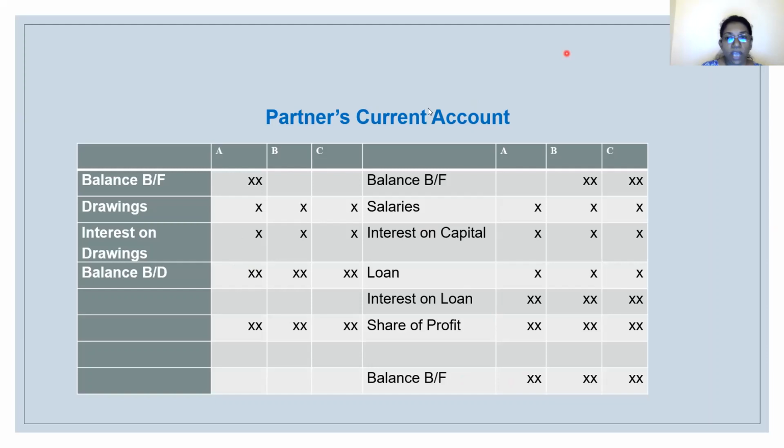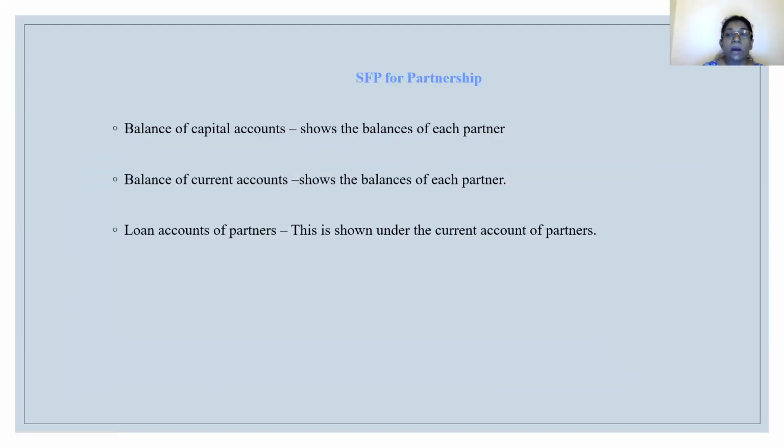So let's look at how we are going to record the next account, that is the partners' profit and loss appropriation account. Before that, I want to note several key points. The balance of the capital account shows each partner's investment in the partnership business, and the balance of the current account shows the balance of each partner in volatile or floating terms.